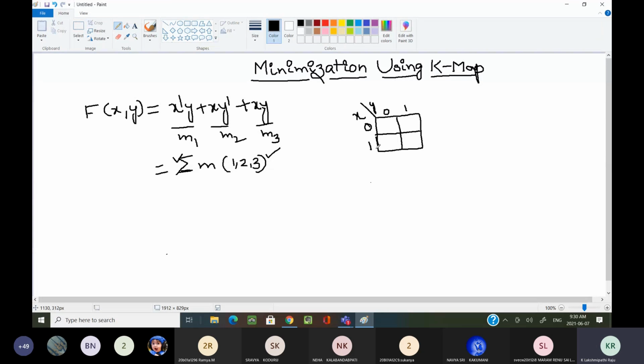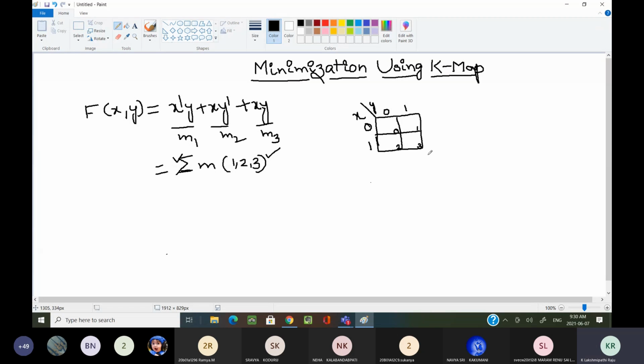Now onwards, whenever we are doing the problems, better you should fill the map with min terms first. You can write the min term value. This is my 0th min term at one corner, any corner. This is the first min term, min term 2, min term 3. Why?